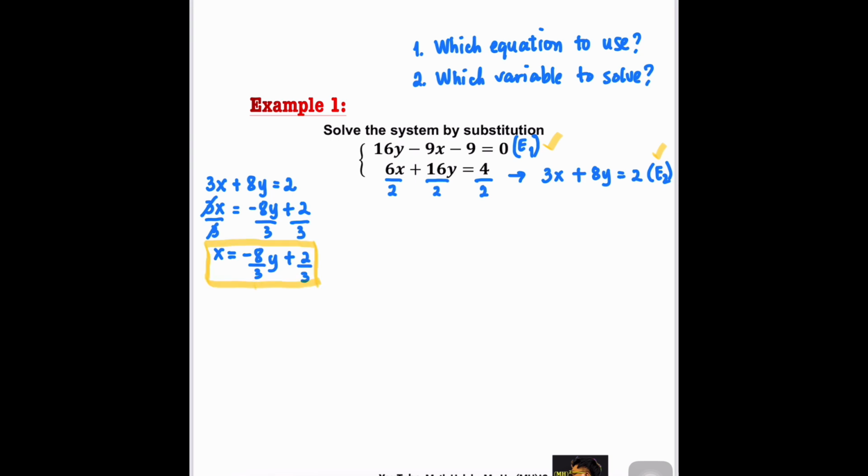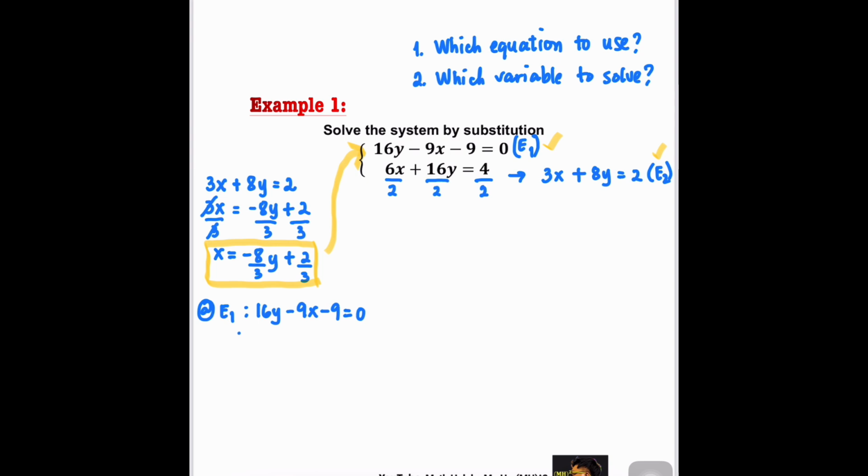This is the value of x that we will be substituting into the first equation. Why the first equation? Because we got this value from the second one. Equation 1 is 16y minus 9x minus 9 equals 0. From equation 1, we will replace the x variable by whatever we got from the second equation.